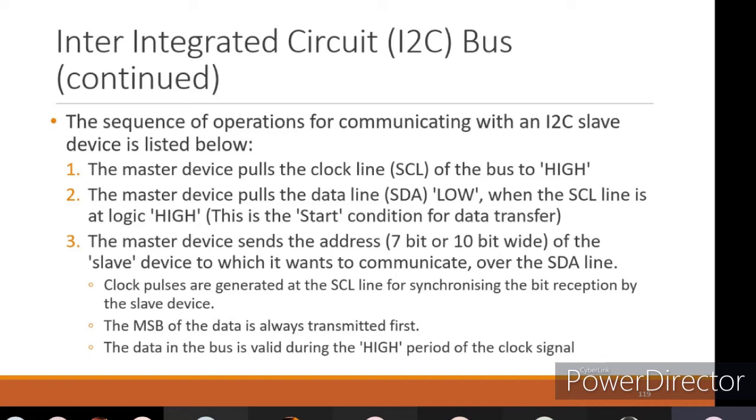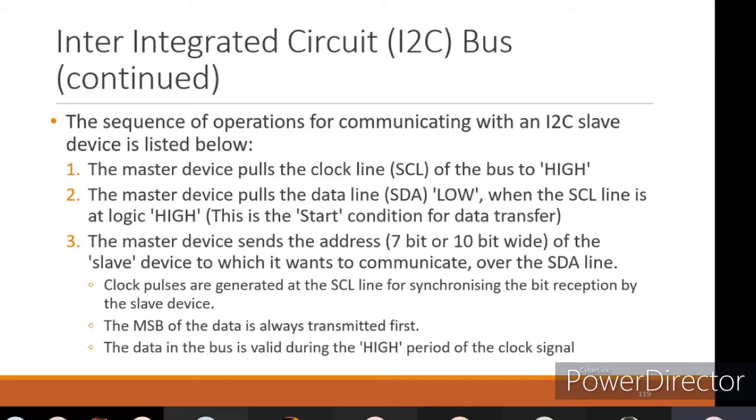The master device sends the address, 7-bit or 10-bit wide, of the slave device with which it wants to communicate over the SDA line. Whatever data it wants to send, to which slave device it has to send, or from which slave device it wants to take the data, that information you get from sending the address value, 7 bits to 10 bits.